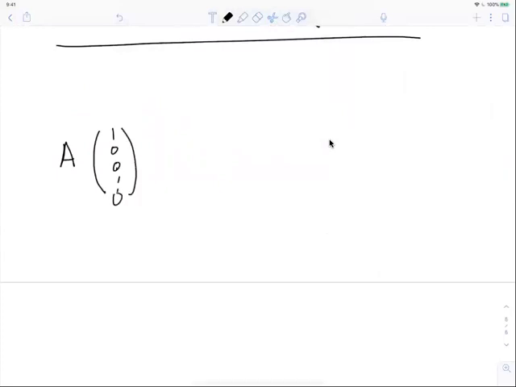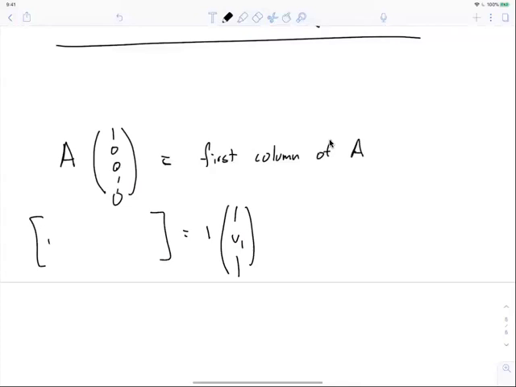So keep in mind that when you apply a matrix A to the vector 1, 0, 0, and zeros all the way down, this is just going to be equal to the first column of A. Right? And indeed, if you take the first column of A and multiply this out, this gives you 1 times the first column plus 0.